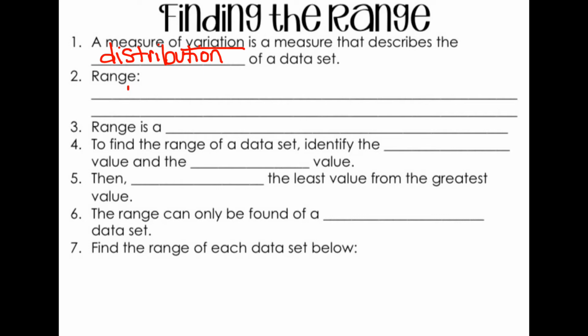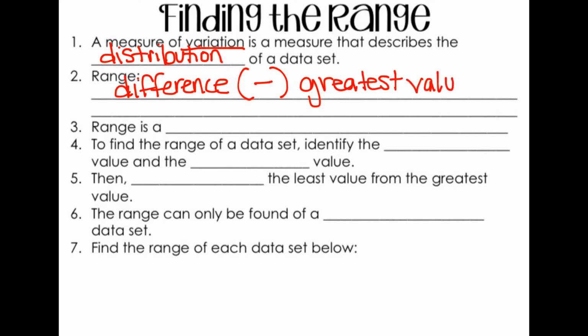Range is the difference, and we know that difference is a key word for subtraction, between the greatest value and the least value of a data set. So it's the difference, means you need to subtract, between the greatest value and the least value in a data set.